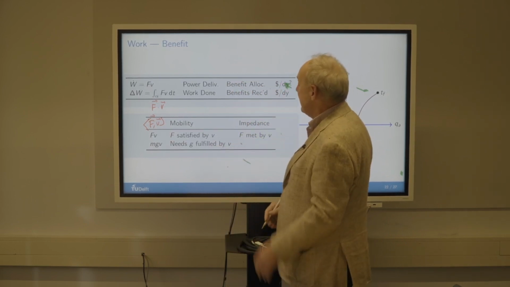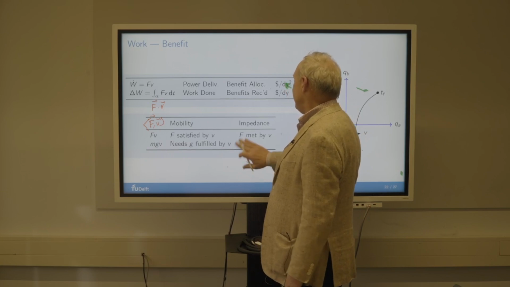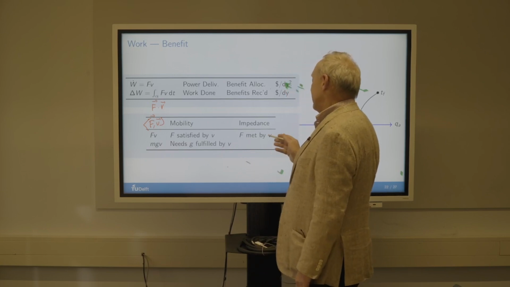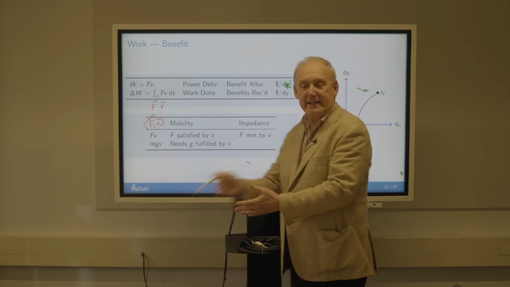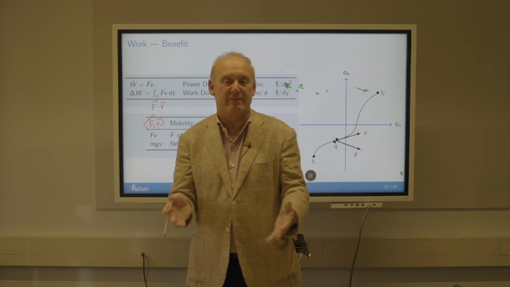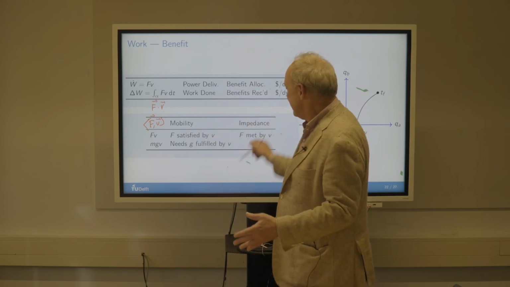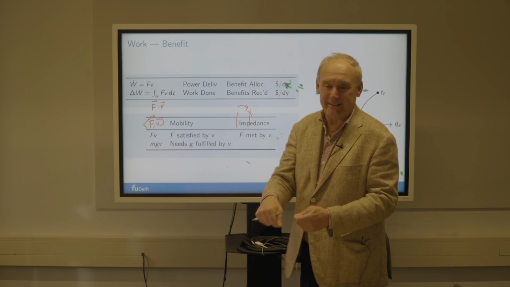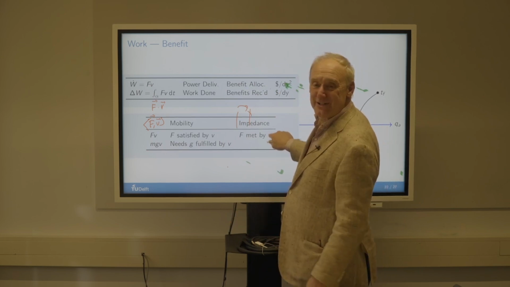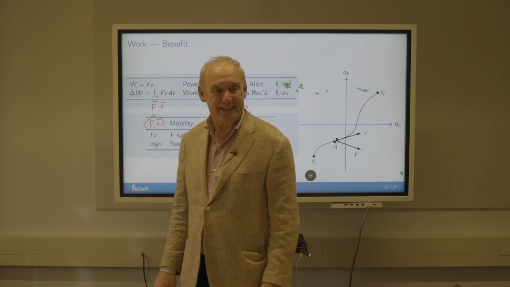So the idea here is that you can also say, in a different analogy, that your desires are met by this flow, right? So you have these desires, and you see it more as a potential drop, and these are met by some flow. This is more the electrical engineering way of looking at it, right?